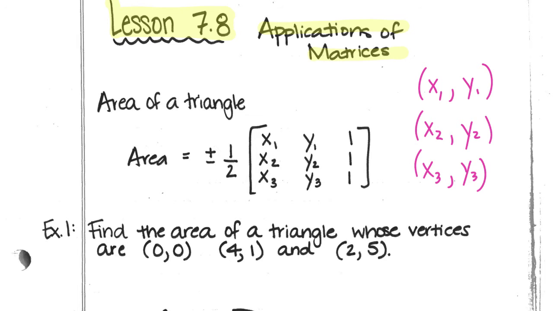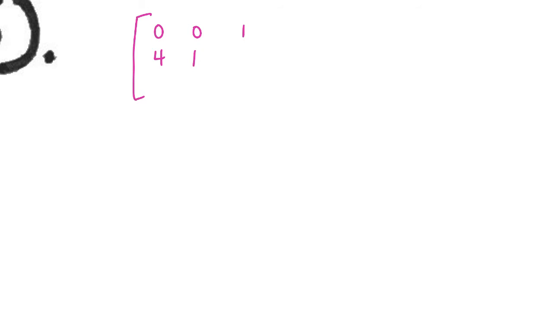So the first thing we're going to do, I'm going to blow it up so you guys can see, is we're going to set these up as matrices the way they said. So the first point was 0, 0. Remember, they always put a 1. The next point was 4, 1. They always put a 1 in that third column. And 2, 5.